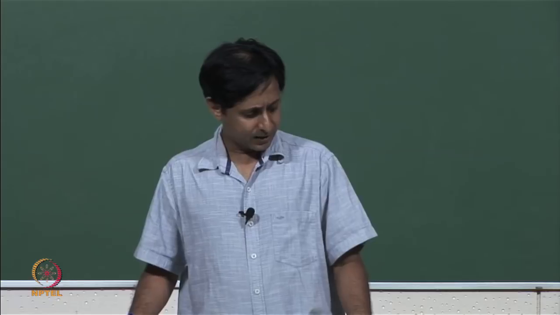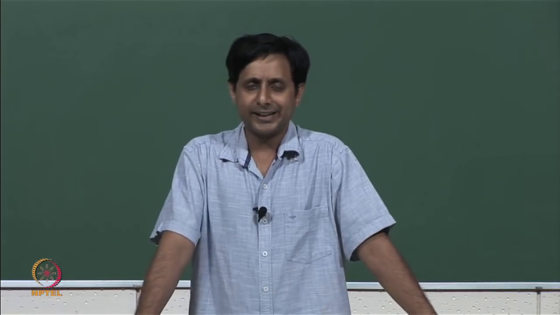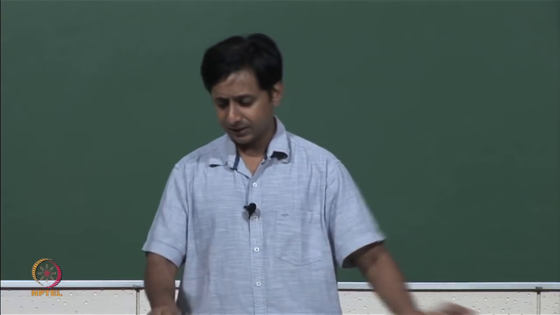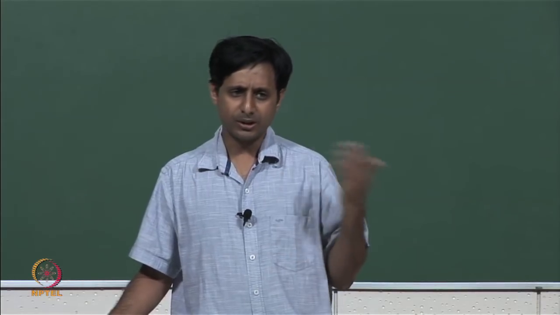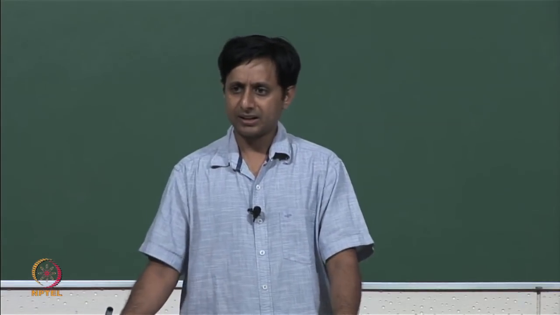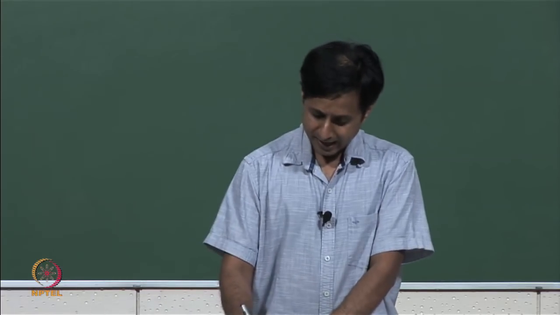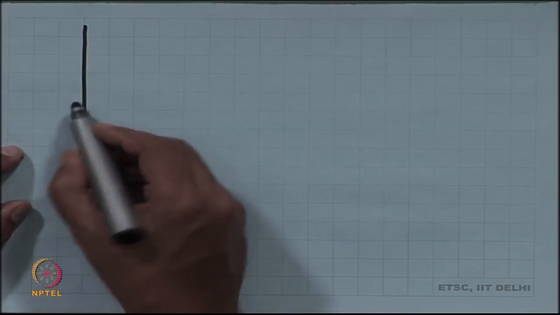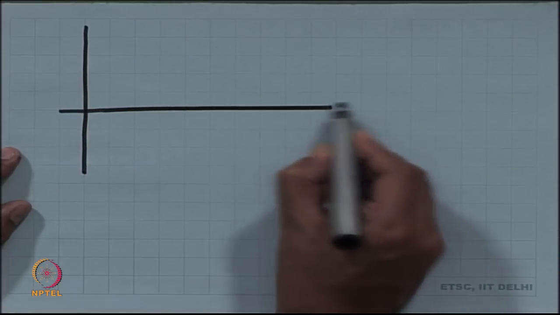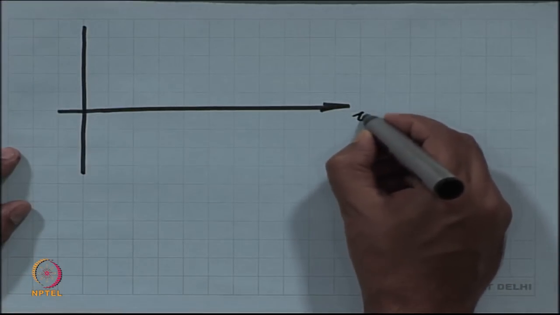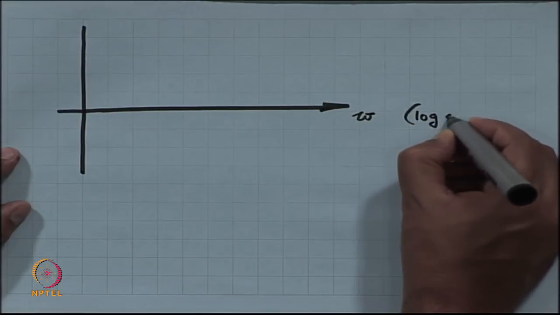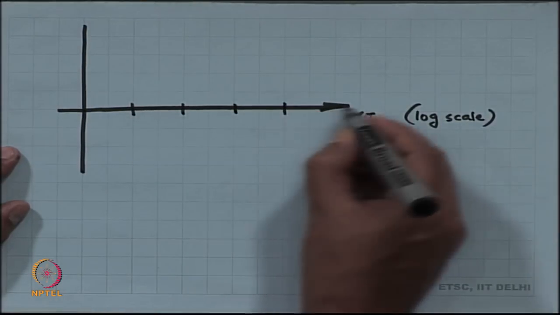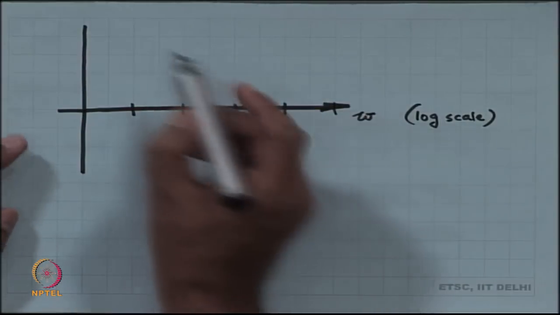Now, today we are going to take a slight diversion related to Bode plots. Earlier you had seen Bode plots. When there are two poles, at each pole there is going to be an extra 20 dB per decade negative slope. This is your Bode plot.